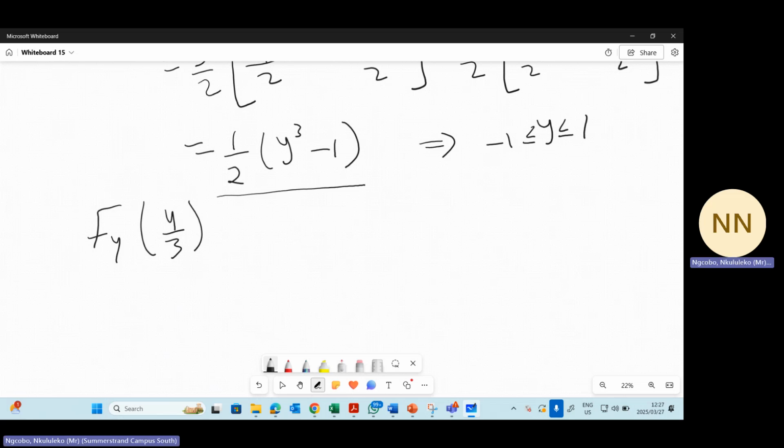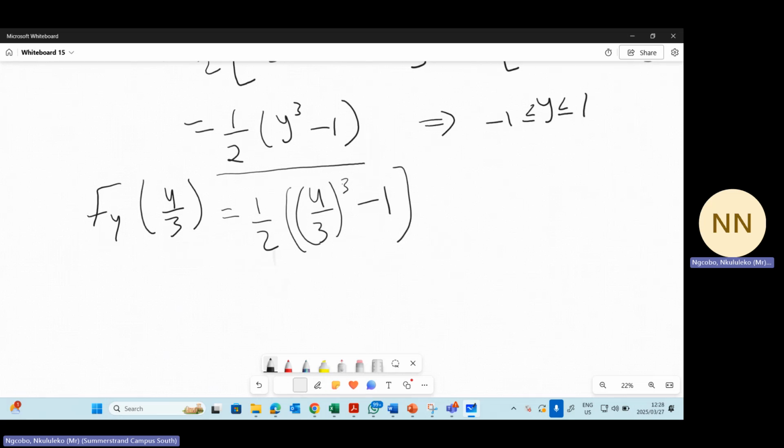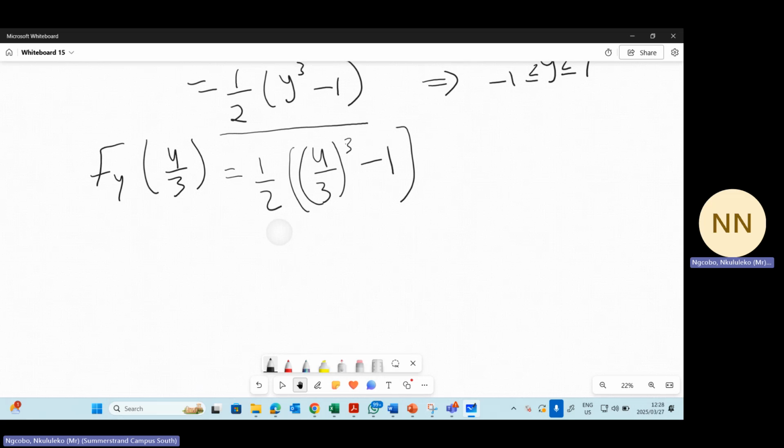So F of u over 3 becomes half of (u over 3) cubed plus 1, right? Which is what we had in my previous method, right?